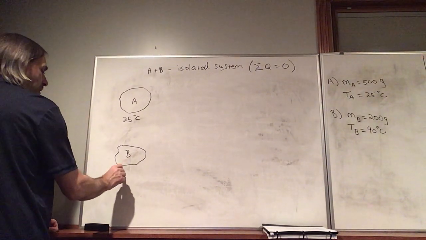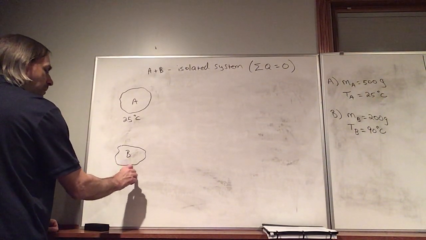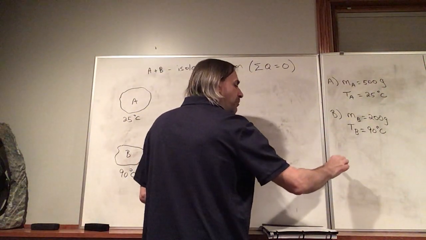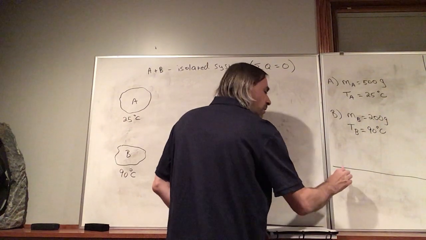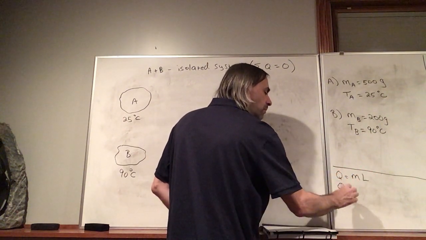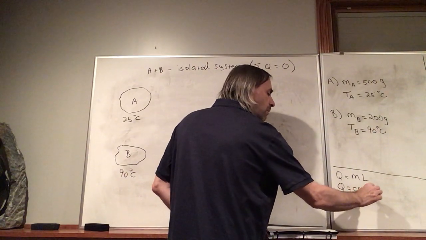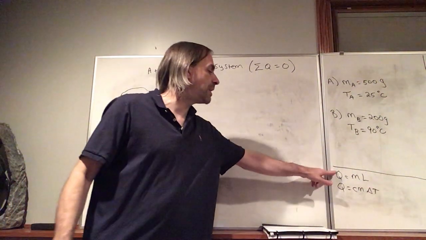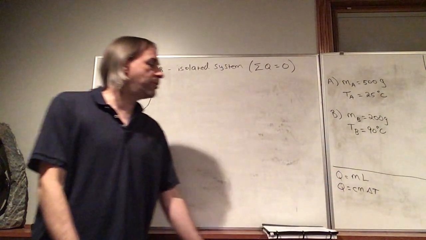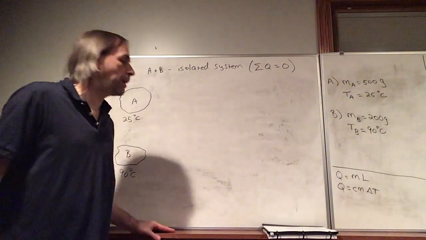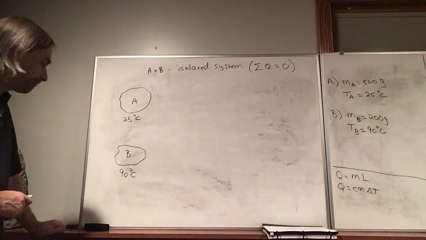B is in a liquid state at 90 degrees Celsius. I'm also going to write down our basic equations. So remember, for phase changes, Q is mL. For temperature changes, Q is Cm delta T. We're not going to need the first one right now, so let's ignore that.